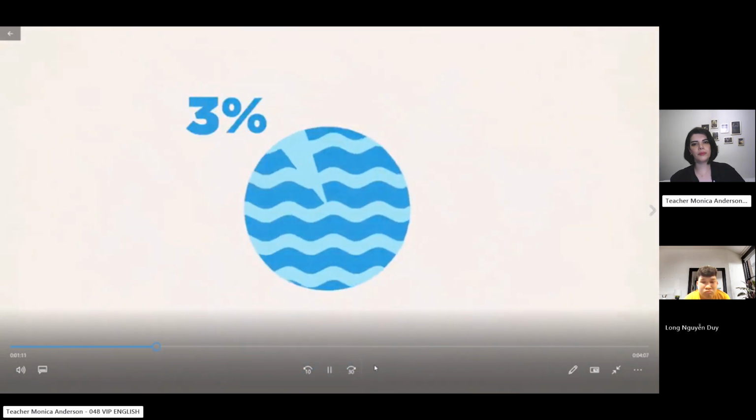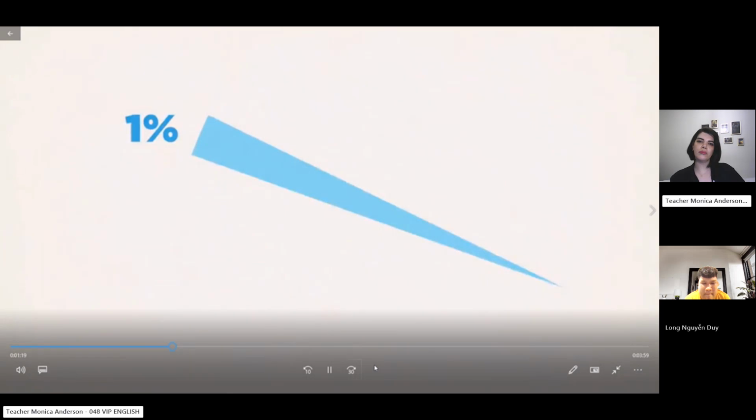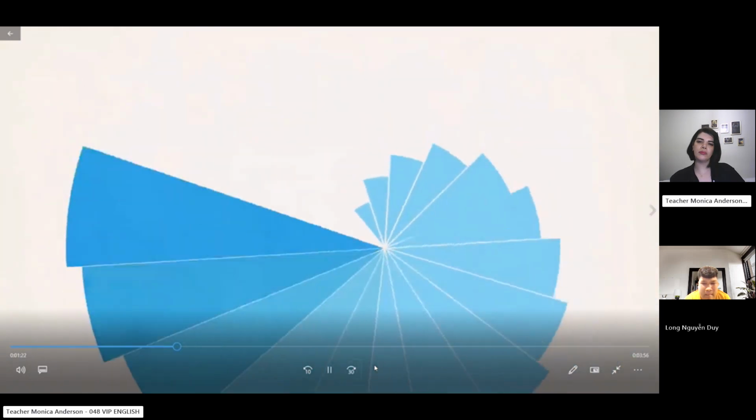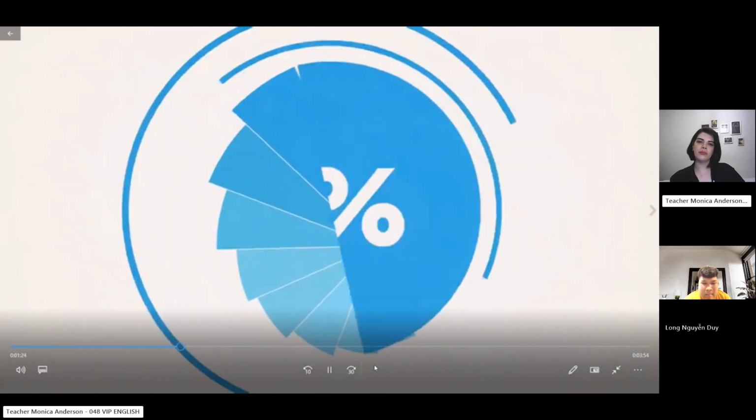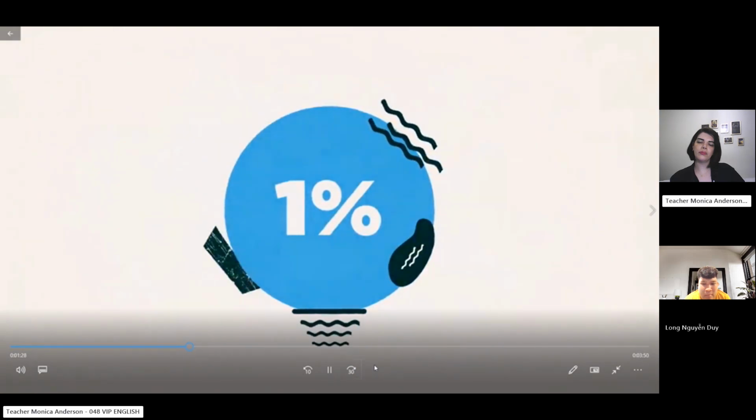Of the remaining 3% of potentially usable fresh water, more than 2/3 is frozen in ice caps and glaciers. That leaves less than 1% available for sustaining all life on Earth, spread across our planet in rivers, lakes, underground aquifers, ground ice, and permafrost.